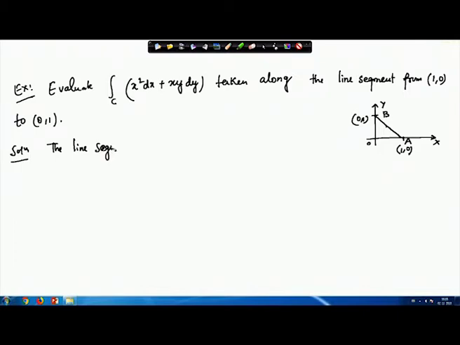The straight line joining (1,0) and (0,1) is given by x plus y equals 1. So this is the equation of the straight line.